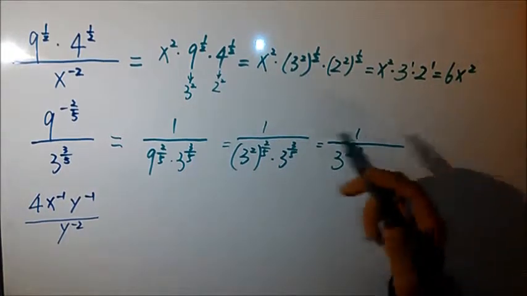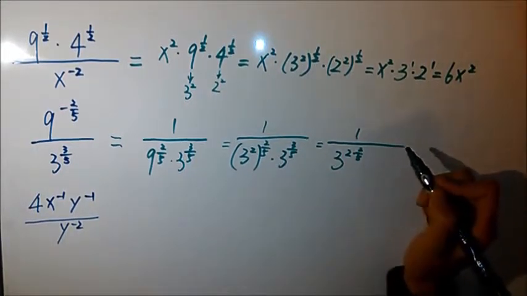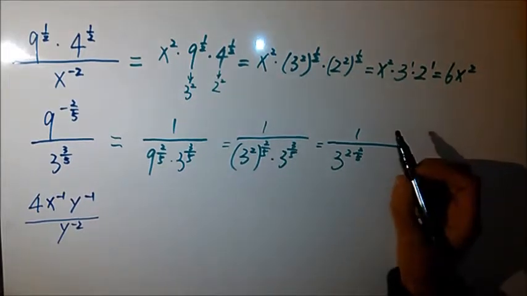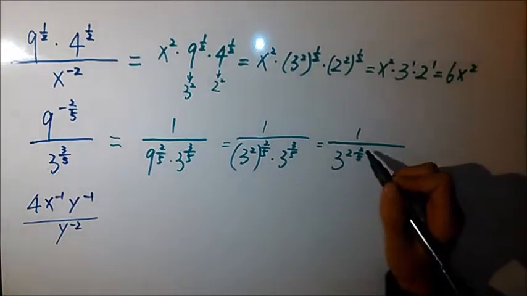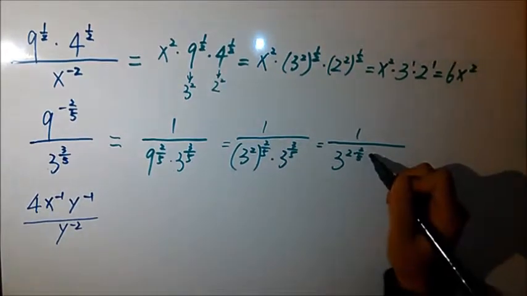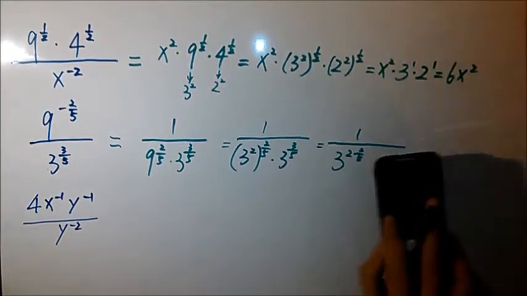So 3 squared. I'm sorry. We have to use the power rule to put 2 to the 5th power times 2, right? 2 to the 5th power times 2 is 4 to the 5th power, right?